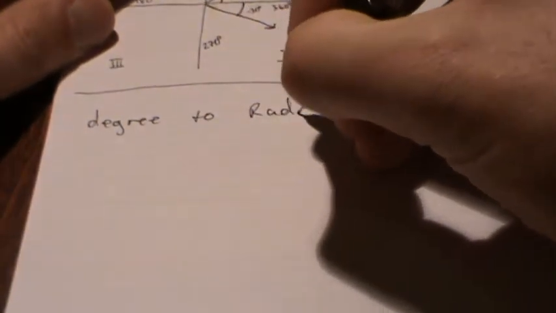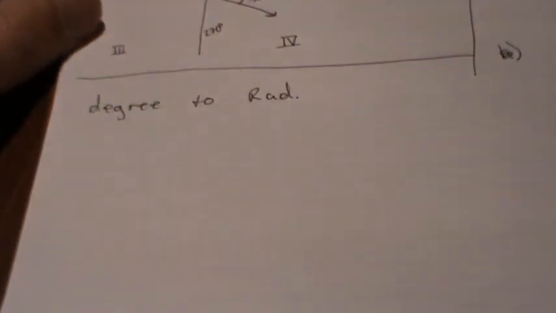Now, converting from degrees to radians is the other way around. Let's go to 65 degrees. We want to convert to radians.